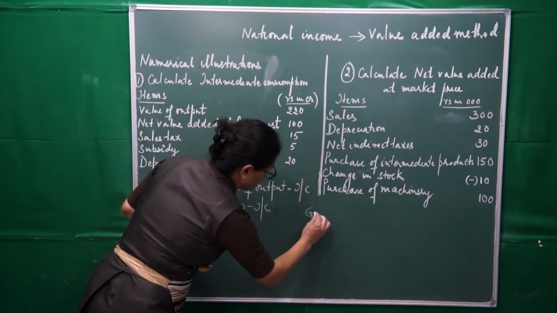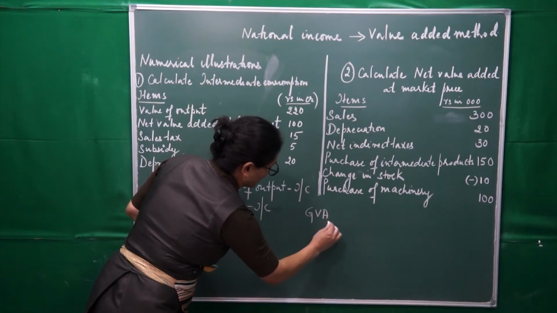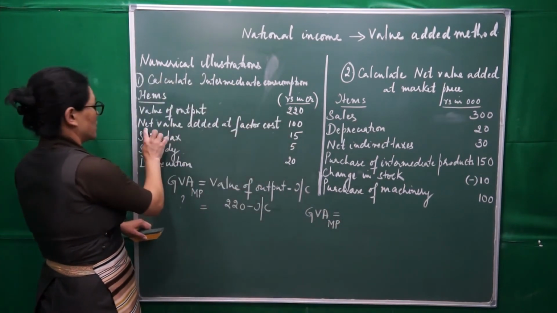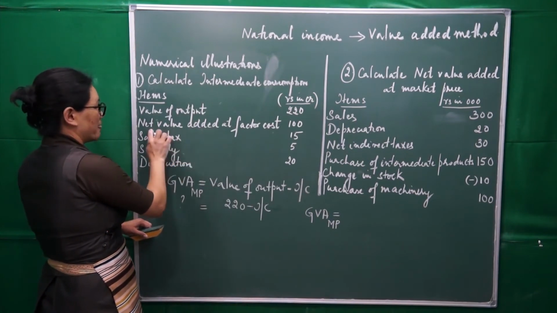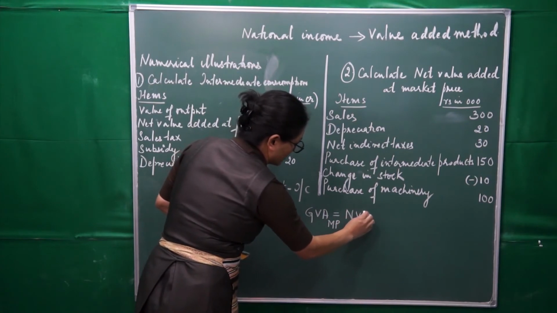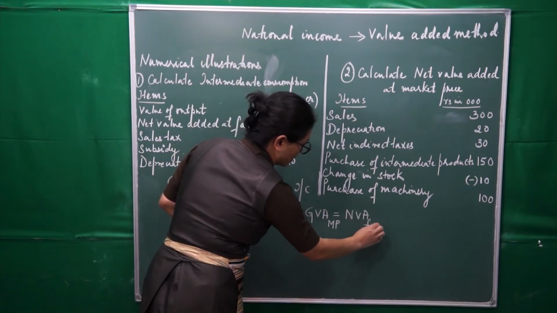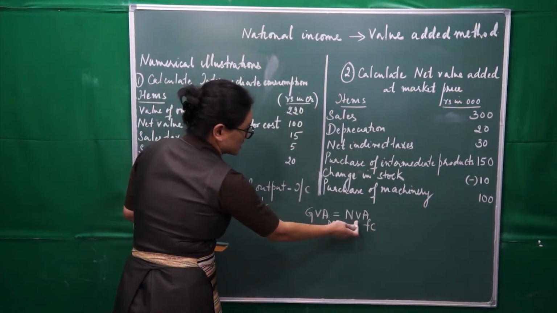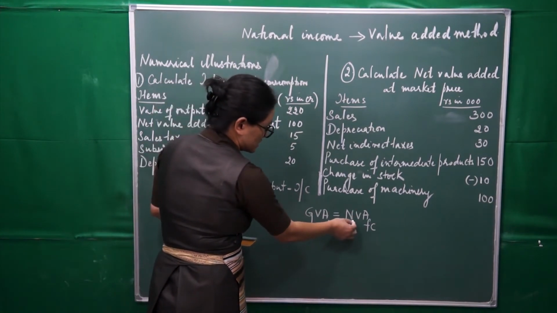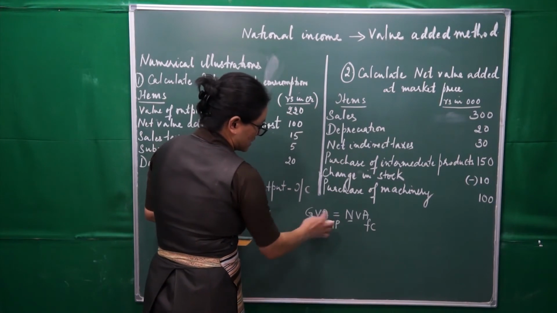GVA at market price, we have to use this information, net value added at factor cost, and we have to convert this entire thing into this one. So here it is given net, gross.